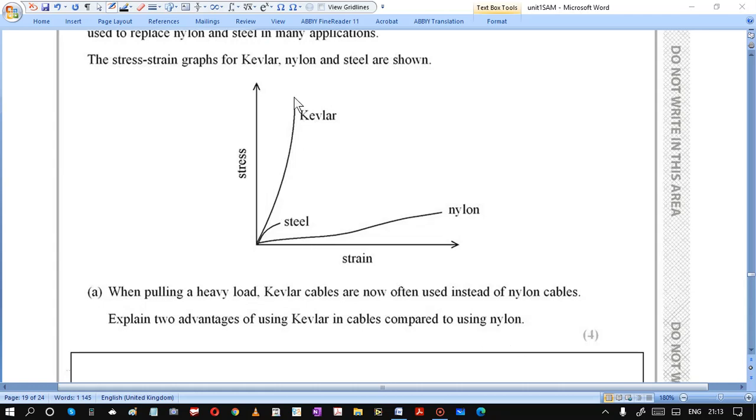So first of all, it is stiffer, so Young modulus is much greater, plus ultimate tensile stress is greater.